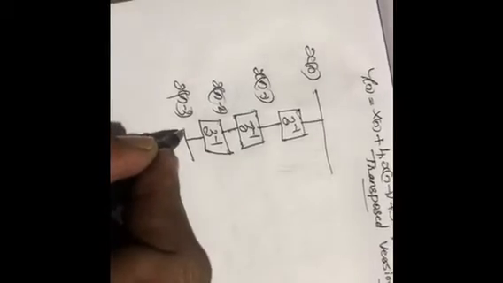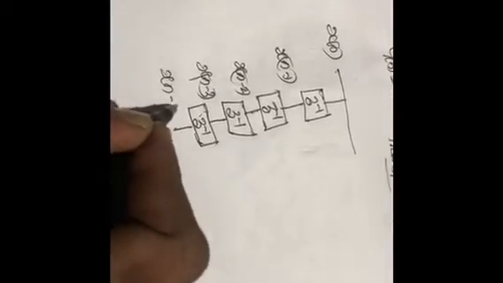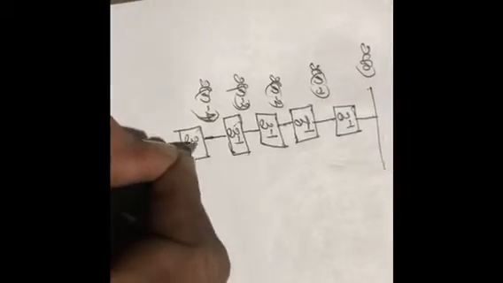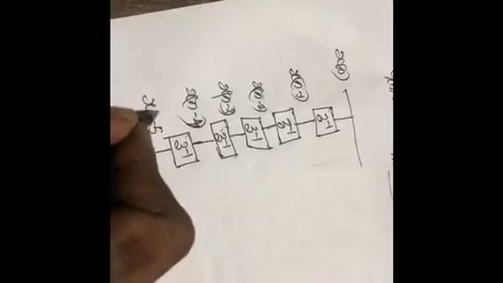Again we shift one more time, z^-1. Now we got x(n-4). After x(n-4), the next sequence is x(n-5). So again we use another delay block, z^-1. After this shift we got x(n-5).